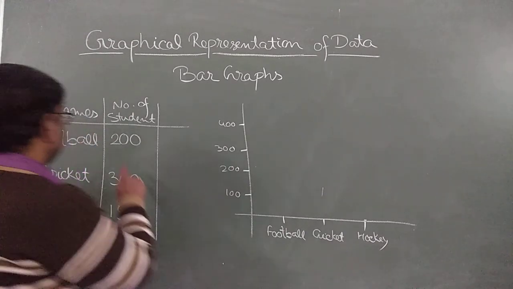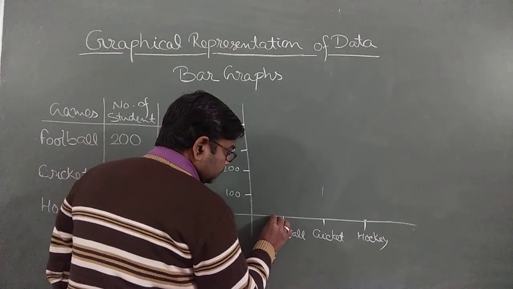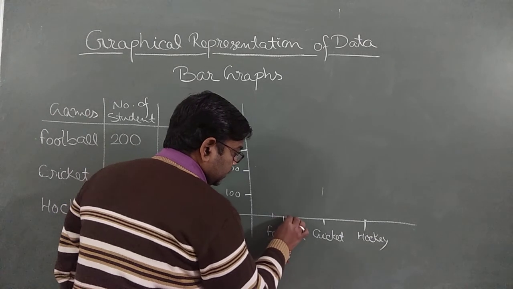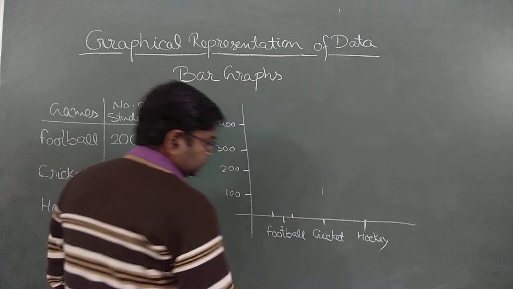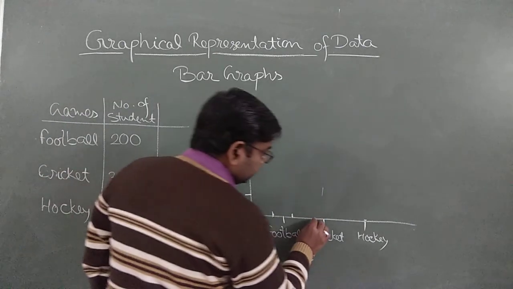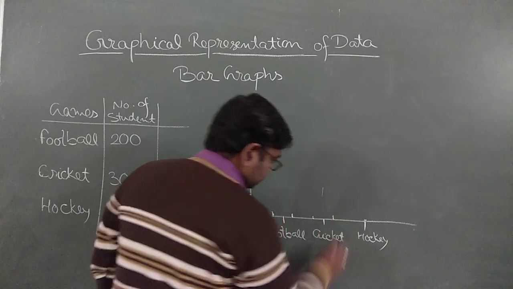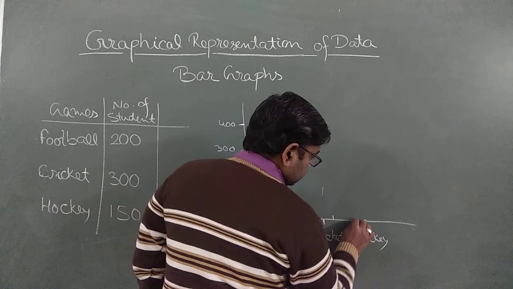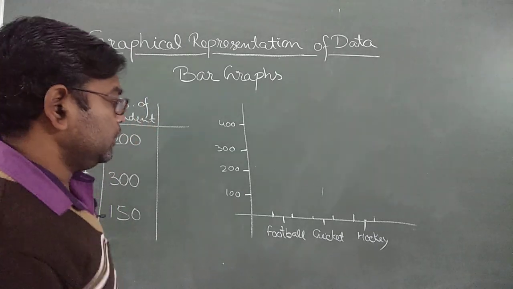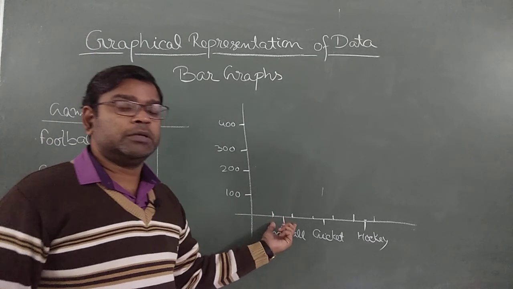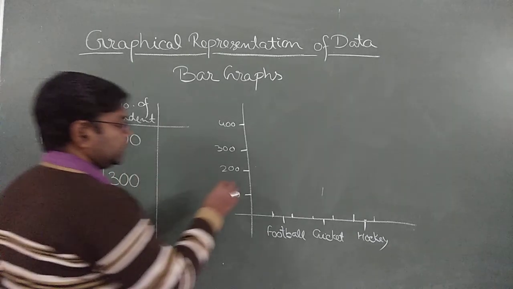See, for football there are 200 students. Be careful, the bars must be at equal distance and their width must be equal. Clear? So I first decide the width of the bars. Though I am using my free hand, so the distance may vary. You must use your scale and pencil. So the first one is your 200.